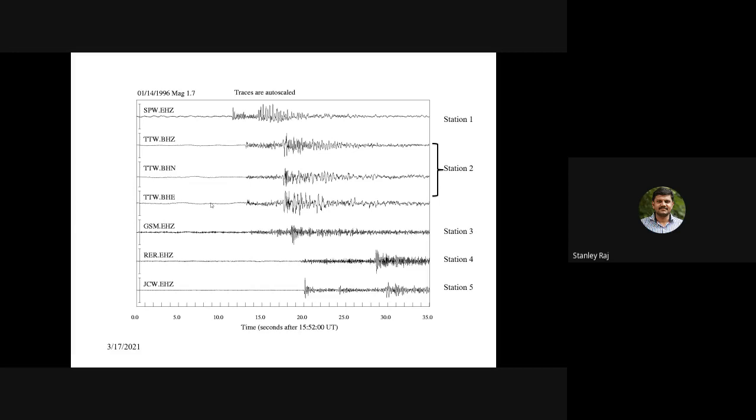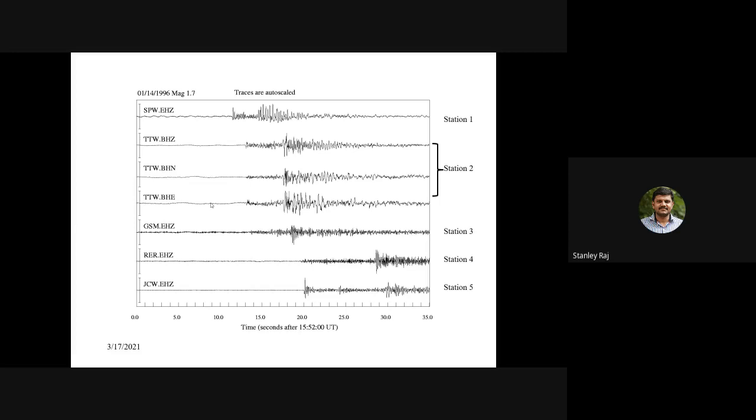Each station records these vibrations at different time intervals, isn't it? Why? Because the seismic waves take some time to travel from one seismograph station to another. For example, in our college we have one seismometer.